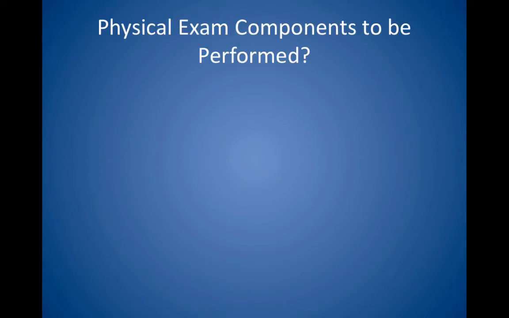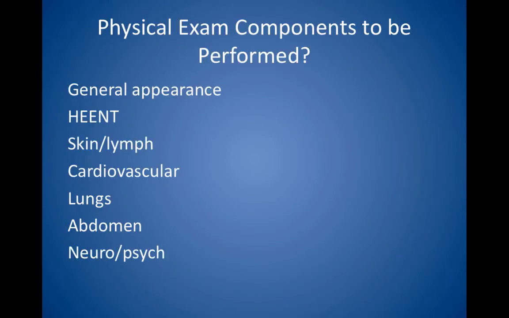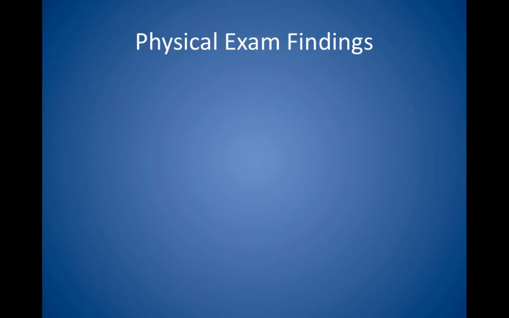What components of the physical exam do you perform? The components of the physical exam that should be performed include general appearance, HEENT, skin and lymph exams, cardiovascular, lungs, abdomen, and neuropsych. Physical exam findings.